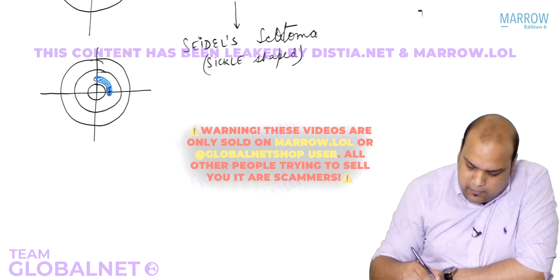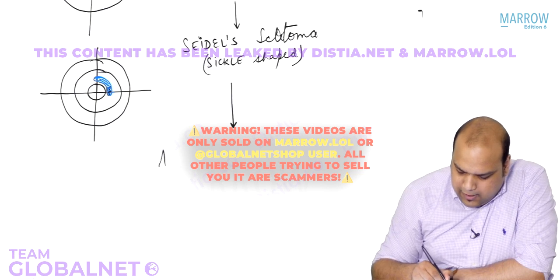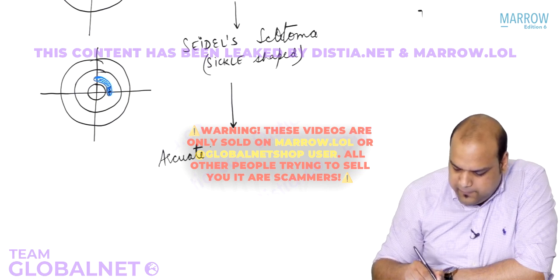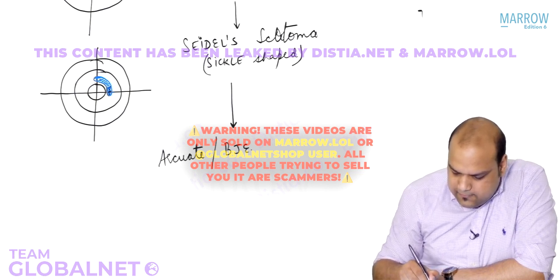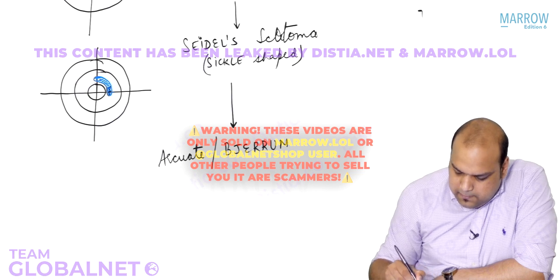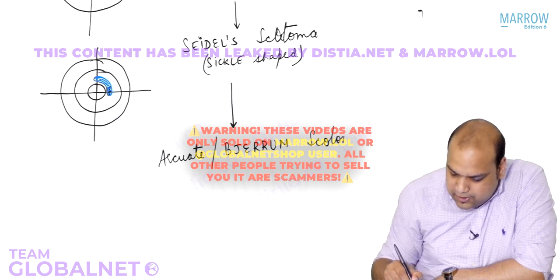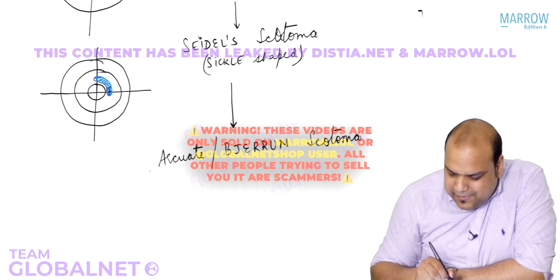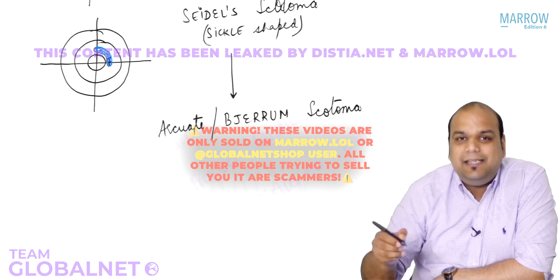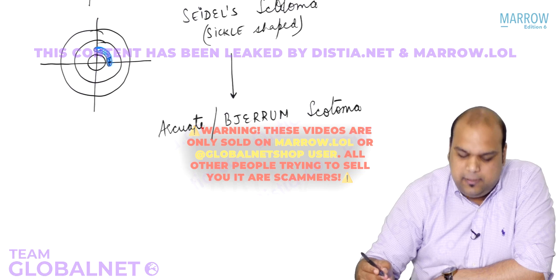Then the Siedel's scotoma progresses to what we call as arcuate scotoma, also called as Bjerrum scotoma. This is not Jerem, guys. This is pronounced as Bjerrum. Bjerrum scotoma. Okay?